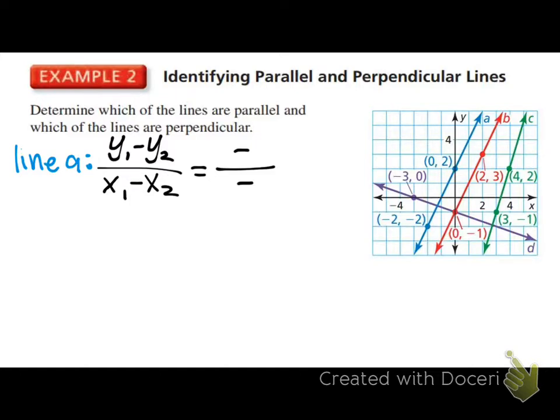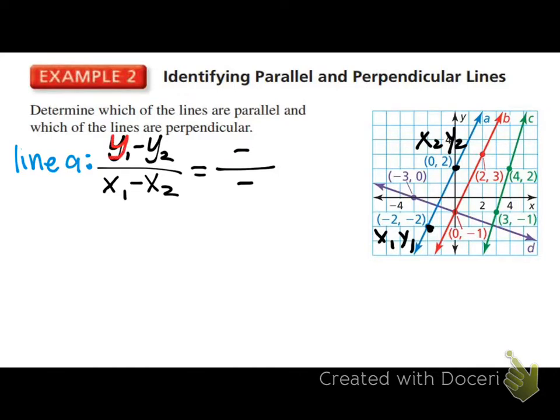All right, so again, I read left to right. I'm going to label the point on the left x1, y1 because it's the first one I would look at. It's negative 2, negative 2. See it? And then 0, 2, I'm going to label x2, y2.